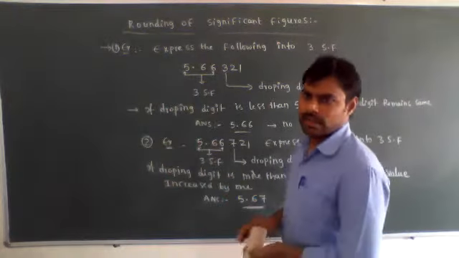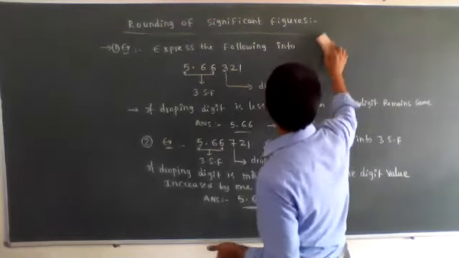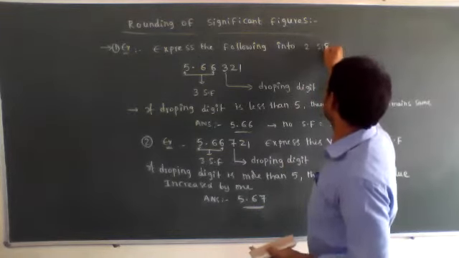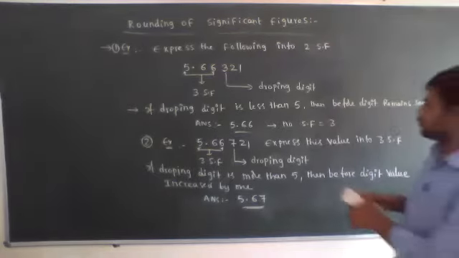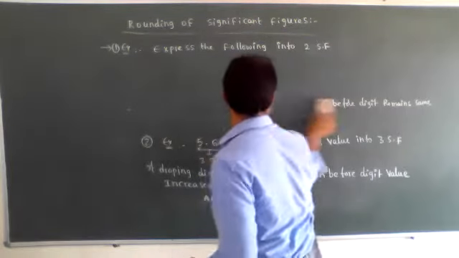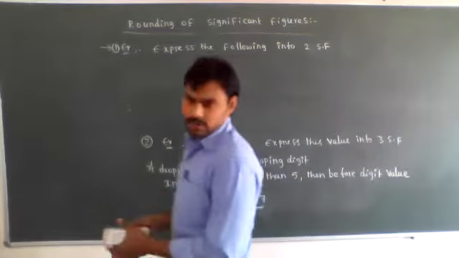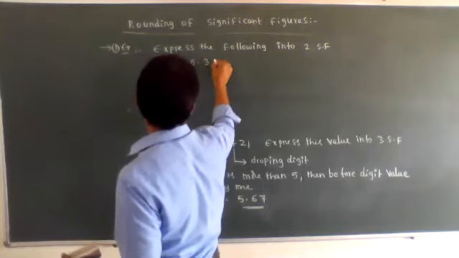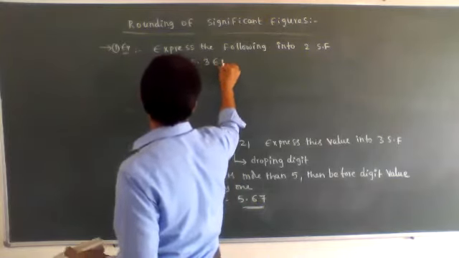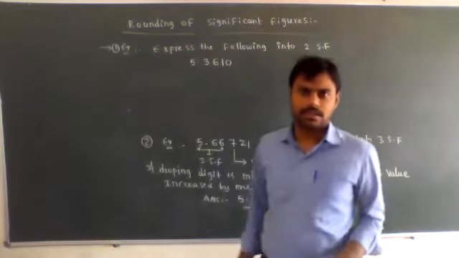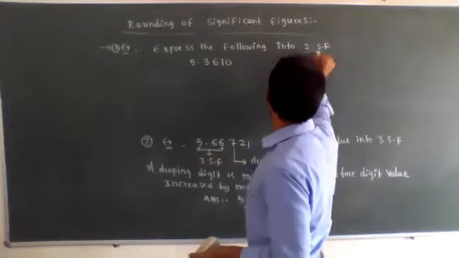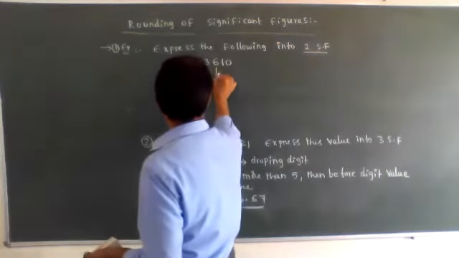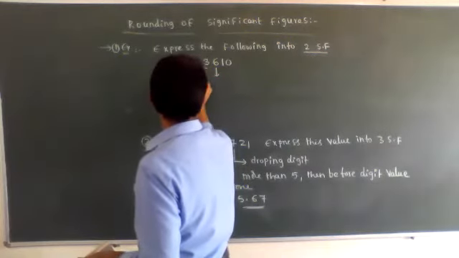These two clear? Regarding these two, see a few more examples. Express the following into two significant figures. Let's see, I'll give you an example: 5.3610. We have to round off the answer into two significant figures. This is the dropping digit. These are the two significant figures.